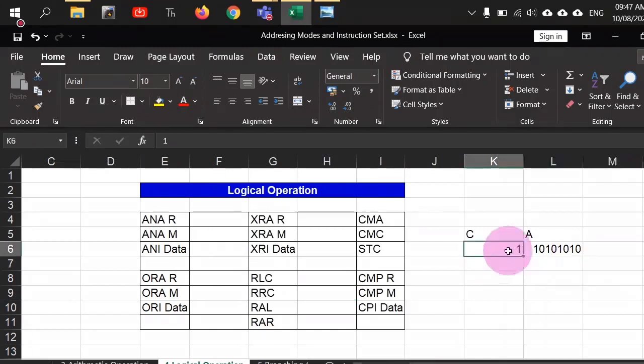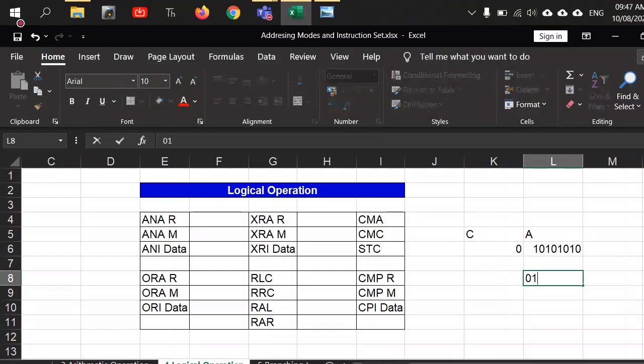And let me take the contents of carry flag as 0 here, right? So if you will rotate this accumulator only without considering this carry flag, the output would be like this: 0 1 0 1 0 1 0 1, because this last bit has moved on to this particular position and every other bit has shifted to left. Carry flag is not involved, so we do not bother about that.